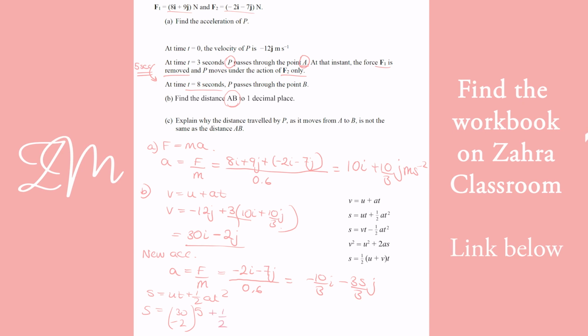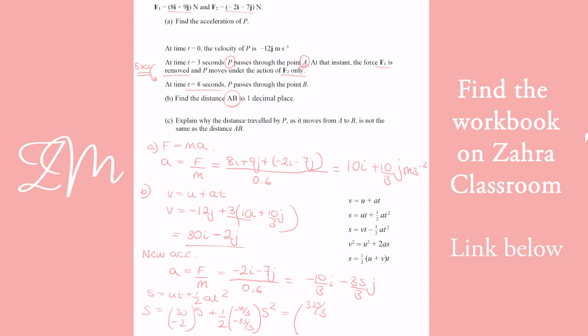Plus a half. I'm going to write it this way around just because it's easier to sort the numbers, and because I made the question up, the numbers probably don't come out very nicely. So we end up with 10 times 5 plus 0.5 times minus 10 over 3 times 5 squared. So we end up with 325 over 3.